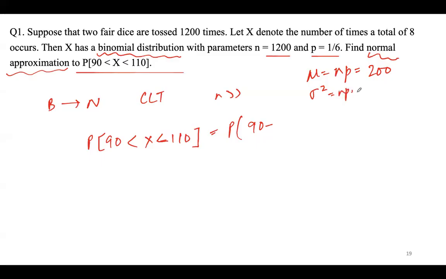Great. So when p is 1/6, q is equal to 5/6. If you multiply, I think it should come to 500/3.